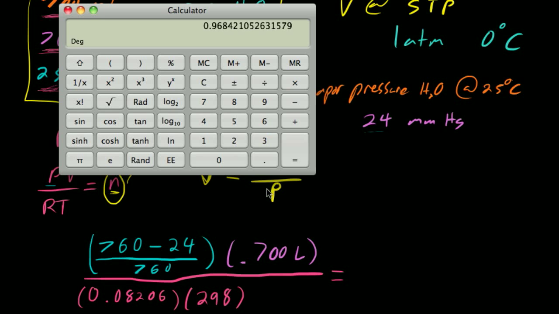And then we multiply by 0.7. And then divide by 0.08206. And then we divide by 298. And this is what we get for our number of moles.